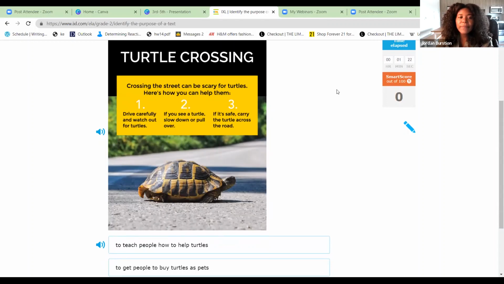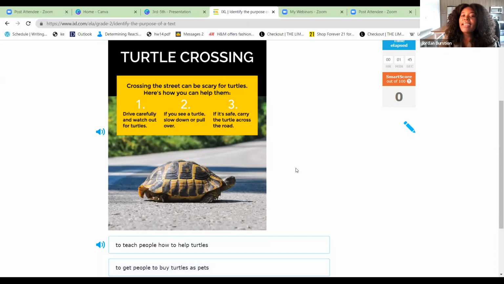Actually, I think this is good. So they have a picture of this poster, and then at the bottom, they have two options for the main idea. Okay. So you see the second one. Okay, to get people to buy turtles as pets.